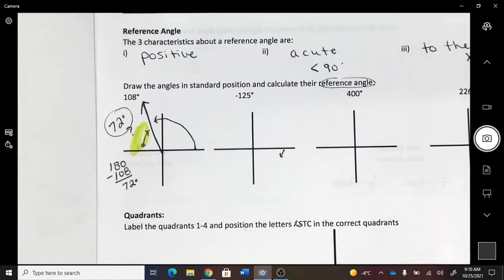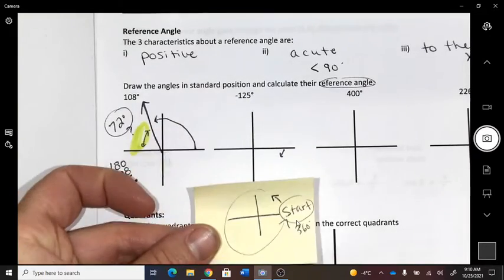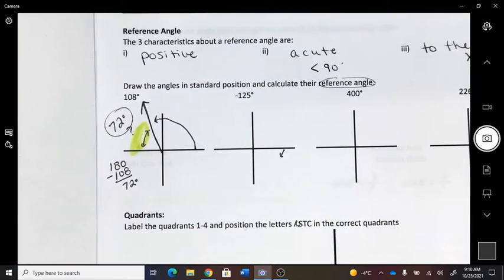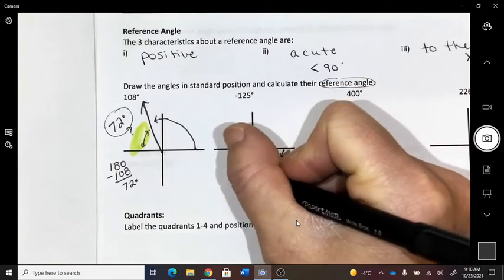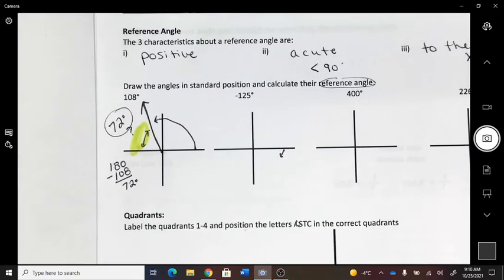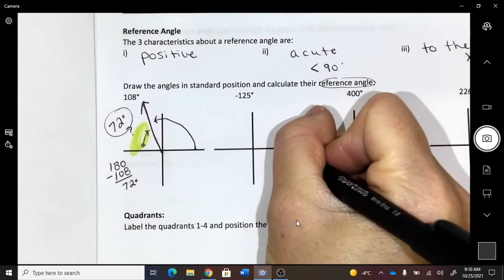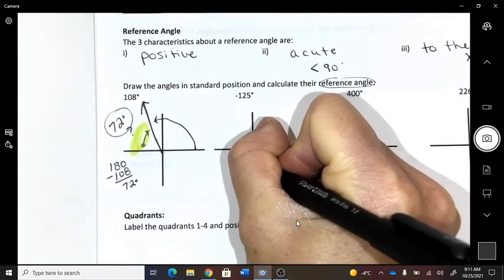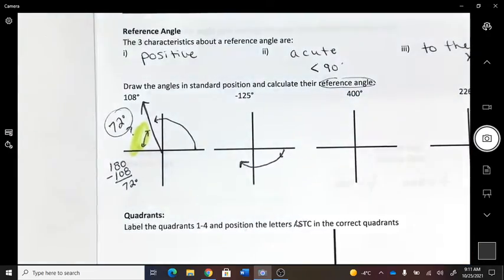That's a negative, because before we talked about this is the normal. You start and you go that way. So negative is going that way. Can you think about where you would go if you went 125 degrees in a backwards direction on here? Something like that.